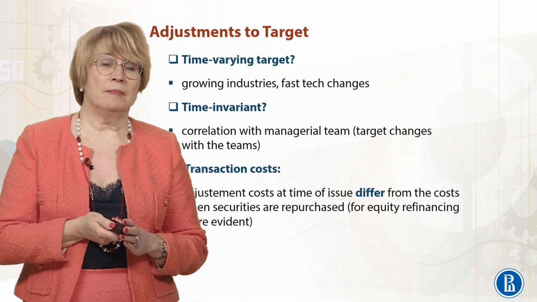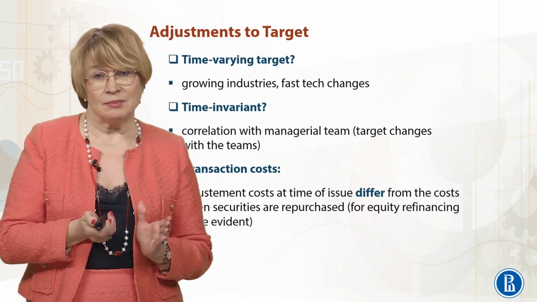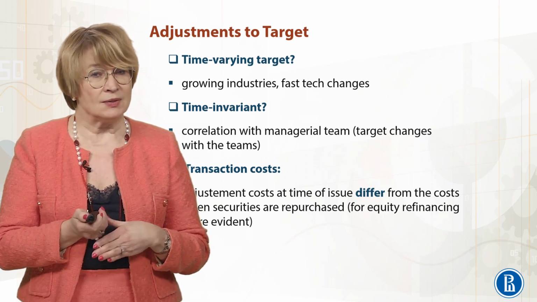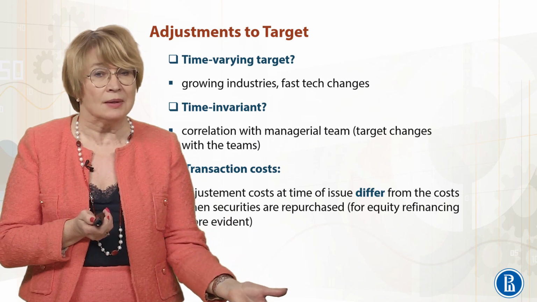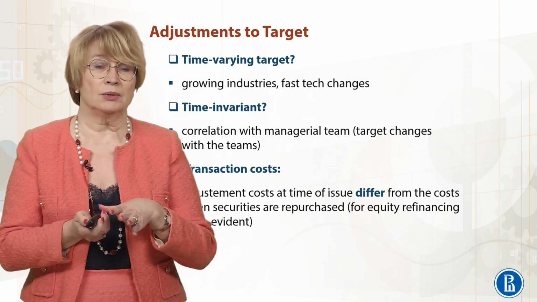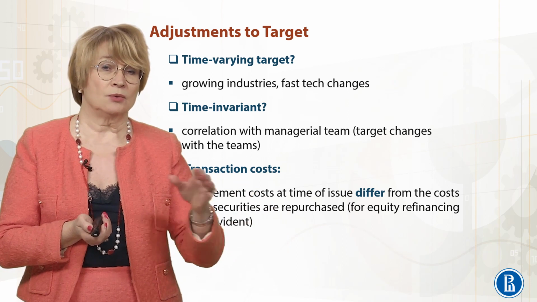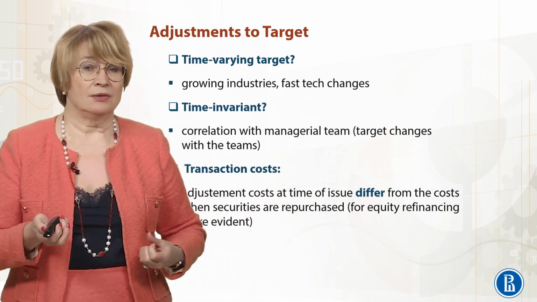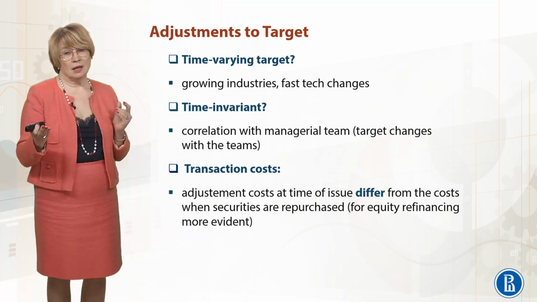If your company is not in those types of industries, you may at first say it's a time-invariant target, so it is not going to change fast or quickly due to the pressures from the industry type or technology change speed.